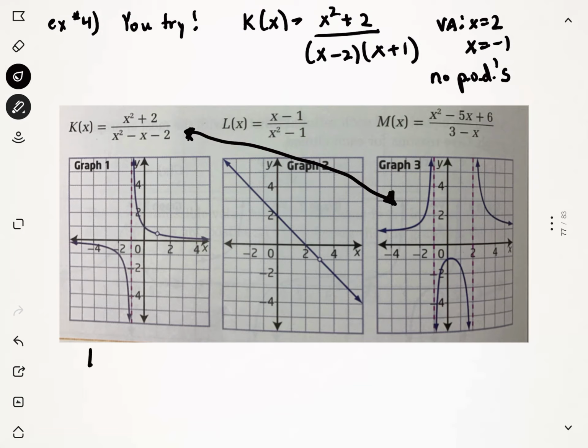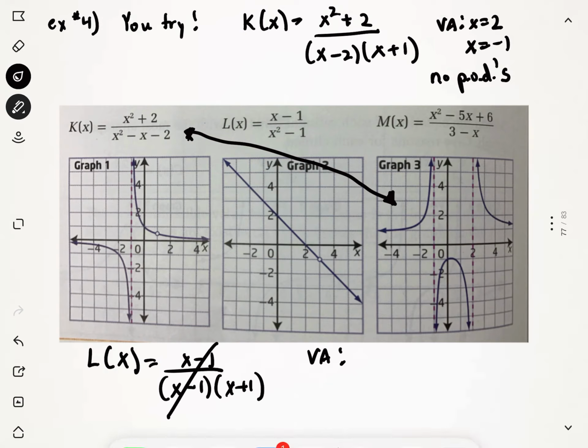Next up, let's take a look at function L. X minus 1 over, okay, that's a difference of squares. We can break that one down and cancel the x minus 1s. So we have a VA, from the factor on the denominator that does not cancel, which is x plus 1. If x plus 1 is the factor, then x equals -1 is the VA.